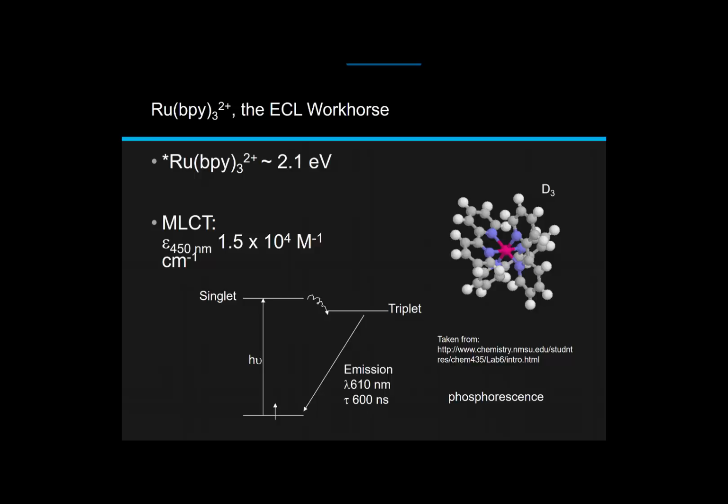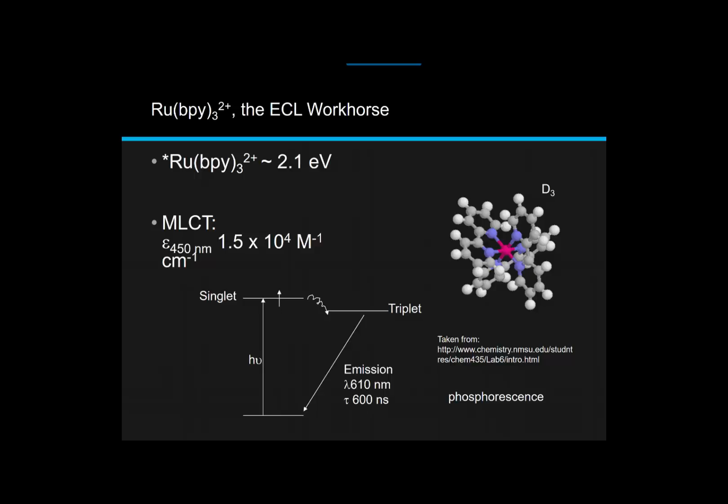And it's those characteristics, the comparatively high for a synthetic material quantum yield, the wavelength for the emission, 610, and the relatively long lifetime for that emissive state, 600 nanoseconds, again, because it's phosphorescence, that make it really the workhorse of this technique.